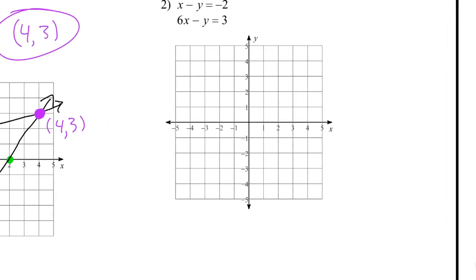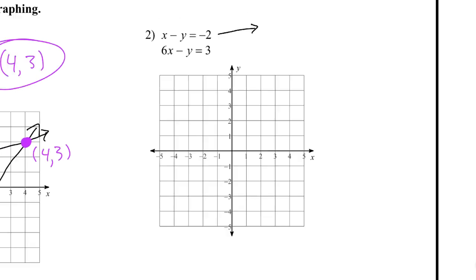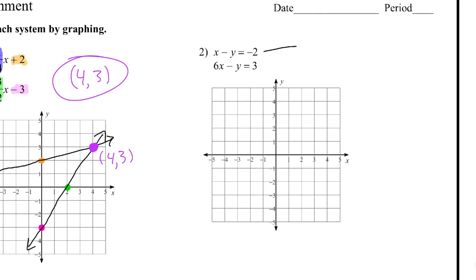On the next one, we're going to need to solve these equations for y. So here, I can subtract x. Subtracting x from both sides, I get -y is equal to -x minus 2.